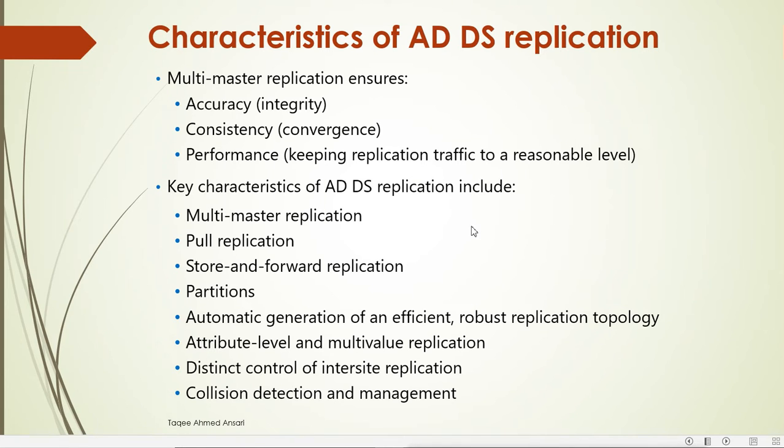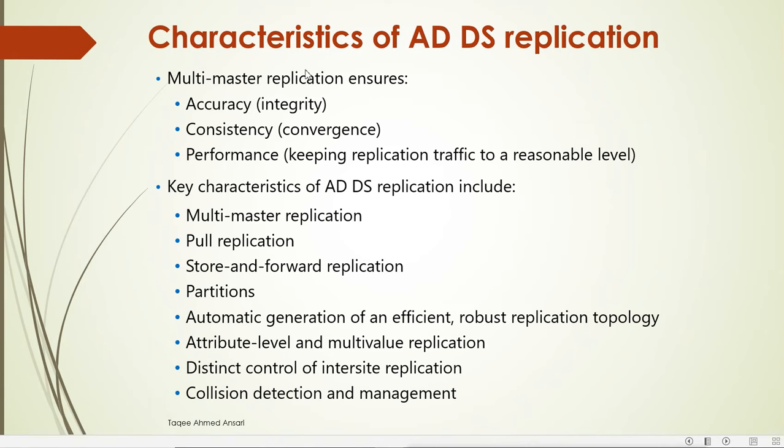Replication means that when we create an object on one domain controller, that object must be updated on all the other domain controllers, and when we change anything on another domain controller, that must also be updated on all the others. That is done by replication. Sites and Services control how the replication is done and which data is replicated. Those partitions are replicated within the domain and also within the forest.